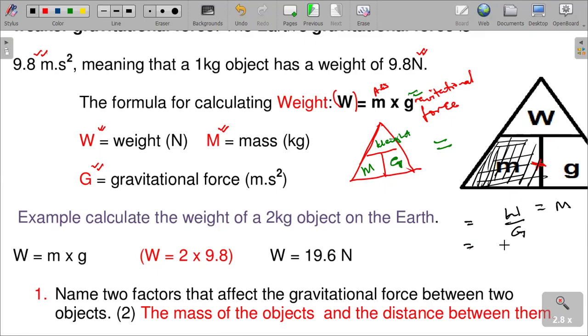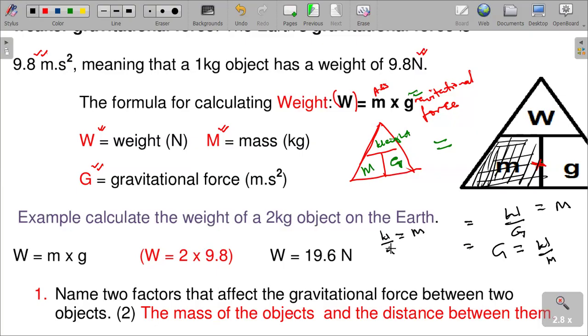G is equal to W over M, which we can calculate. We can therefore quickly say that W over G is equal to M.